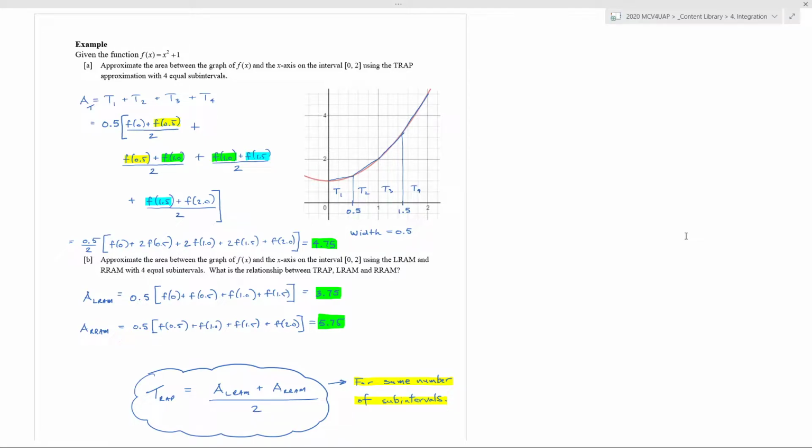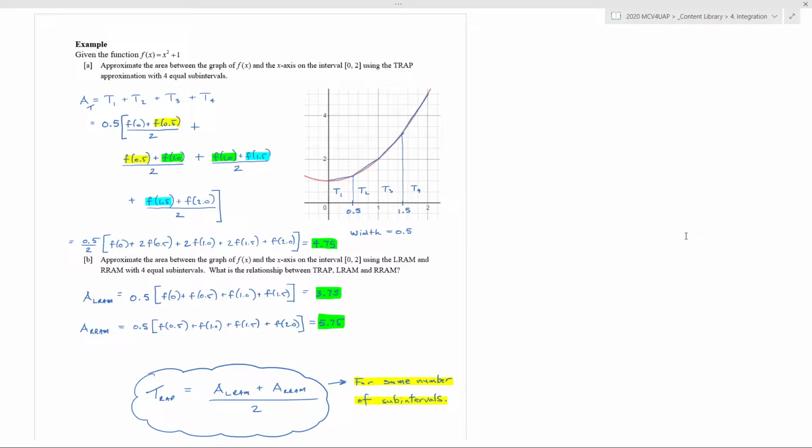So you can see from the expression, since the width is 0.5, I've factored out the 0.5. And now for the first trapezoid, I'm going to average the 2 heights, which would be f at 0 plus f at 0.5, divide that by 2, and then multiply by that 0.5, which is outside the bracket.